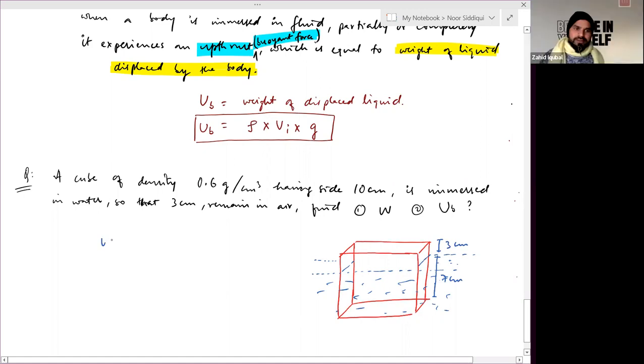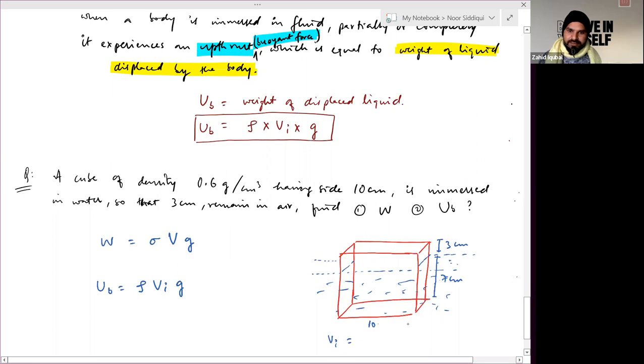So use weight equals sigma times volume times gravity. Write each term in their SI unit and try to find. Similarly, for buoyant force, rho times volume of object immersed times gravity. To calculate how much volume of this object is immersed in the liquid, volume is length into breadth into height.